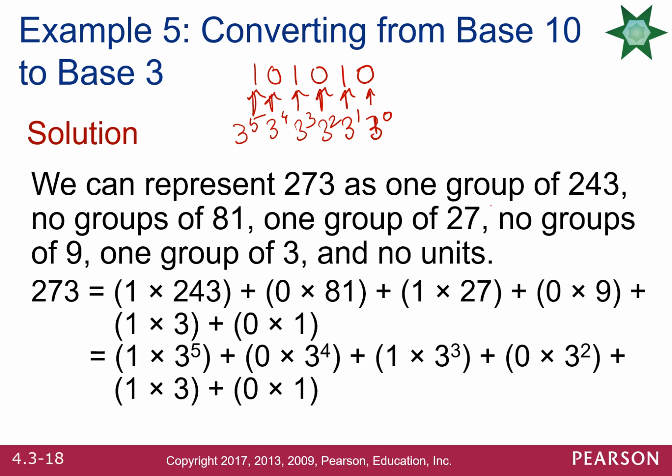Therefore, when we complete this multiplication, we end up with 101010, and then you have to put the subscript with the base value to indicate what base represents the 273.